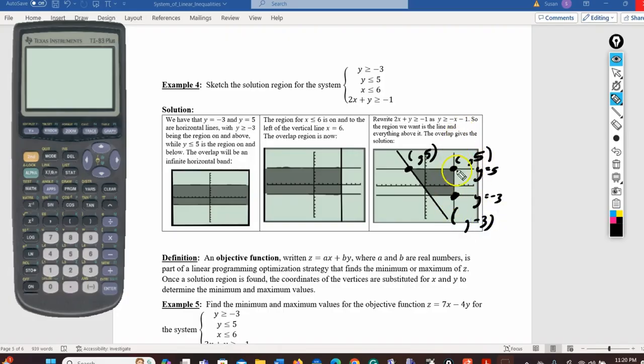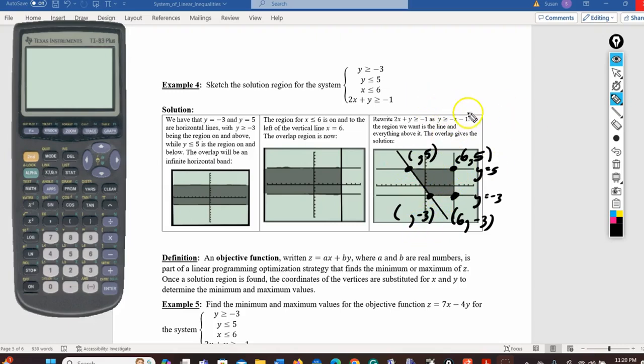But this vertical line is the line x equals 6, so the x coordinates equal 6. And that one there has y coordinate -3 because it's on that horizontal line. You just have to get the x coordinate of that. And again, you can get it on your graphing calculator.